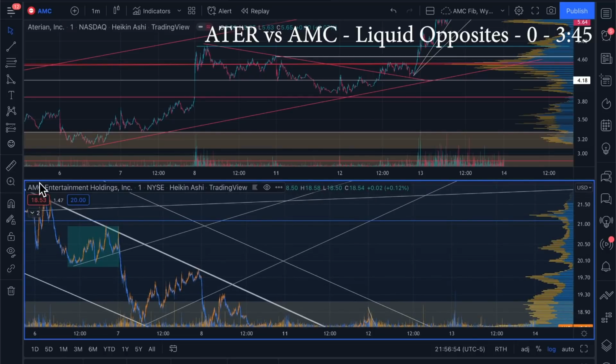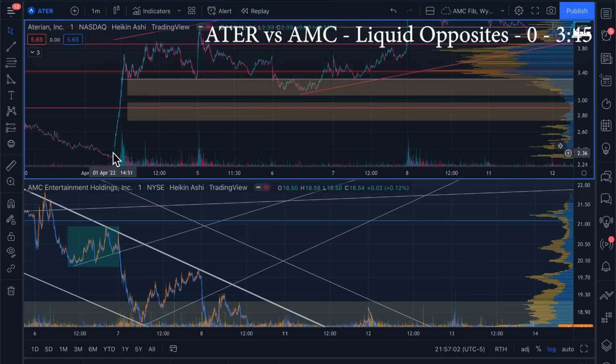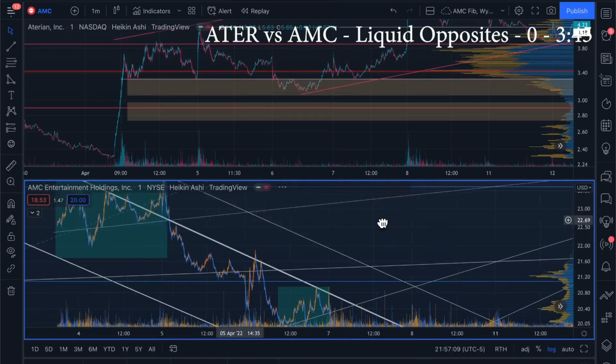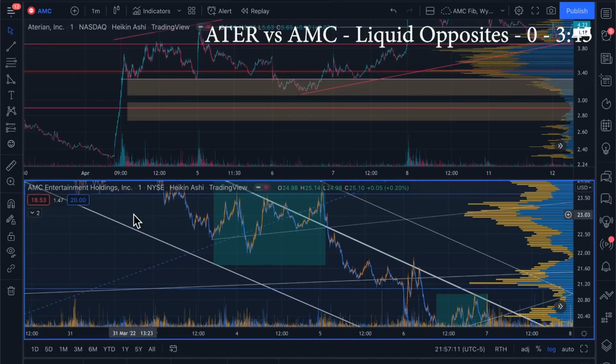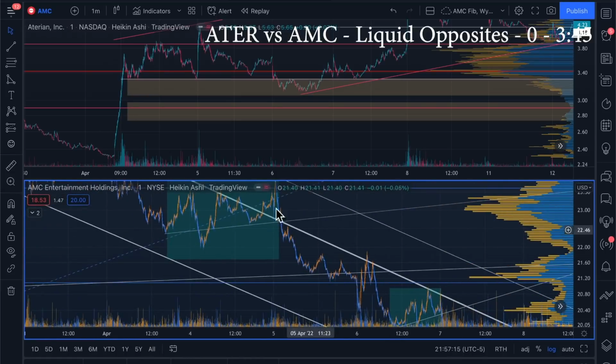The difference is that while AMC has been trending down, ATER has been largely trending upward. And this, of course, started with a really massive run on and around April 1st to April 4th. At the same time, AMC was experiencing the first of many of these big iterative steps down.